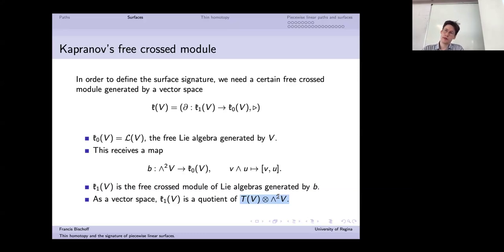Yeah, in fact, it's sort of strange that the free pre-cross module is much more complicated than the free cross module. It satisfies the same universal property, but the construction of the free cross module is much simpler.